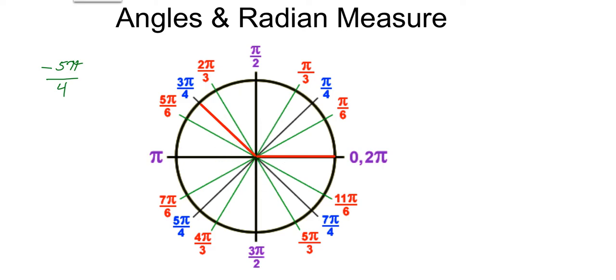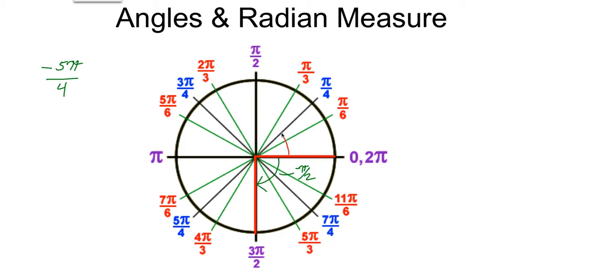We'll do one more. So let's pretend we had, instead of 3 pi over 4, an angle down here, and we'll take the negative angle to start this time. So this angle here is going to be a negative pi over 2 radians. Well, the coterminal angle would be the same angle in the opposite direction that ends at the same point.